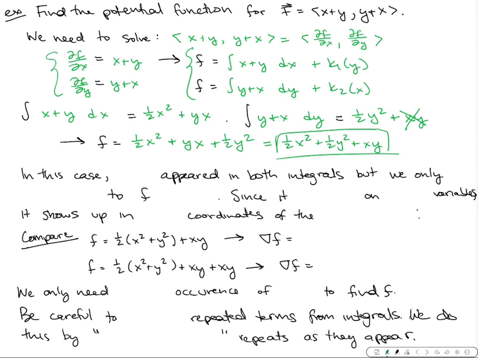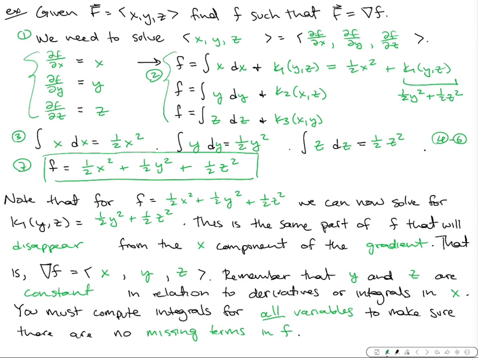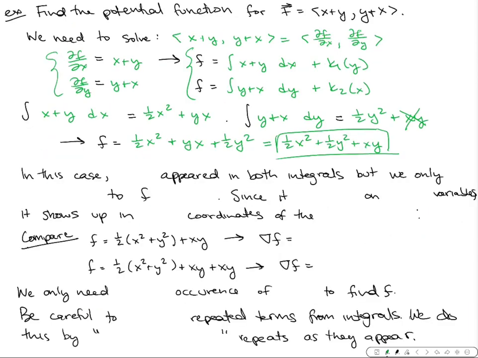Real quick, just reminding us about the discussion we had on the previous slide. If we look at f, we can tell that k1 was 1/2 y squared, and k2 was 1/2 x squared. So k2 depends only on x.